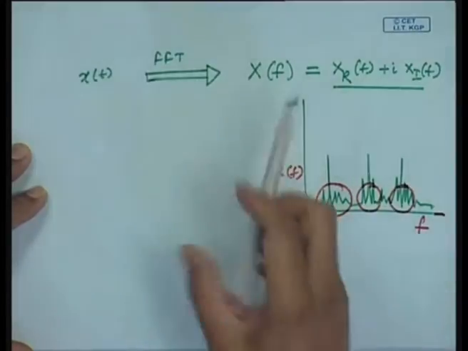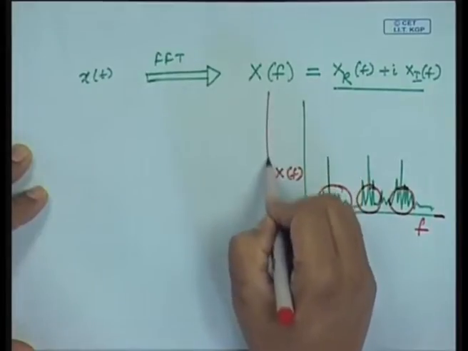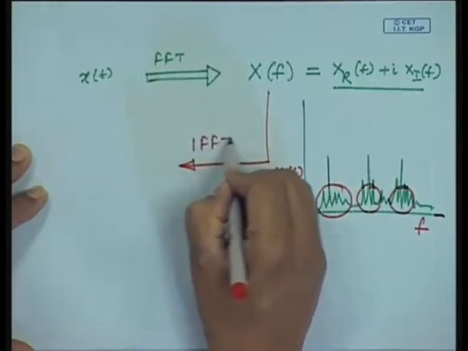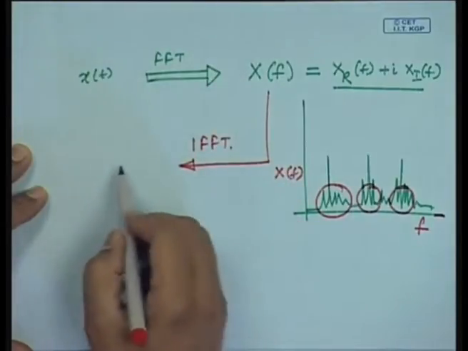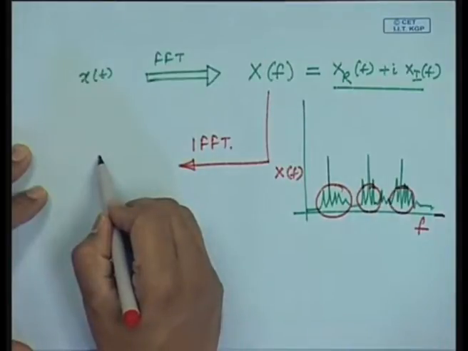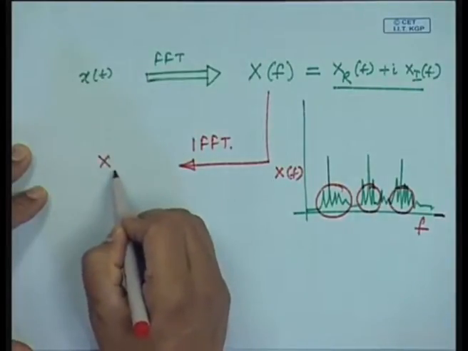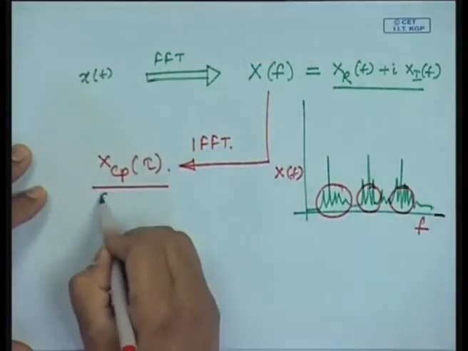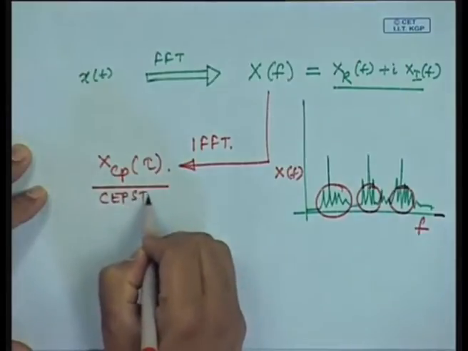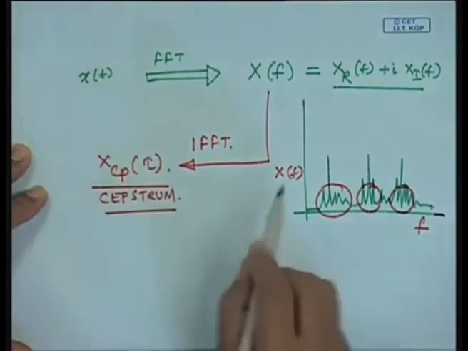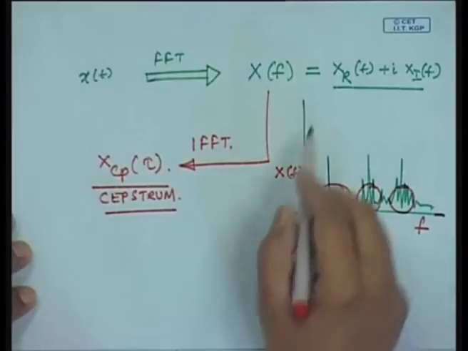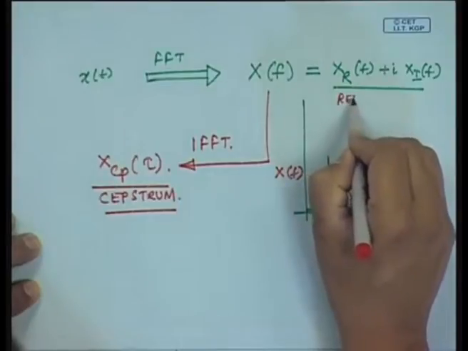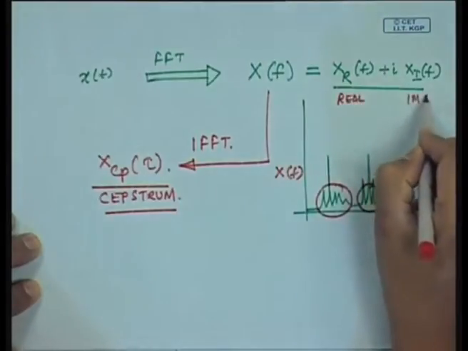Now, if I do an inverse Fourier transform of this, I will get back X Cepstrum in another time domain, and this is what is known as the Cepstrum. How is this done? I have a real quantity here and an imaginary quantity here.